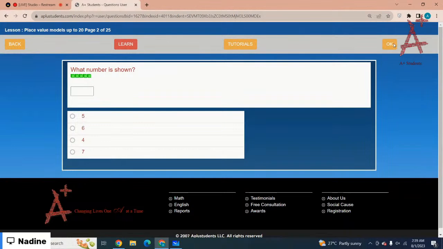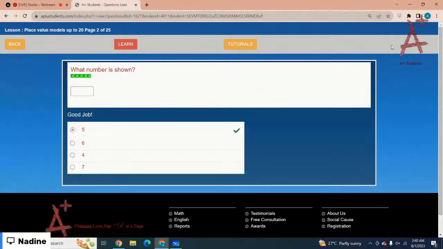What number is shown? Which is the correct option? You're just given ones. So you have one, two, three, four, five ones. The correct option is five.